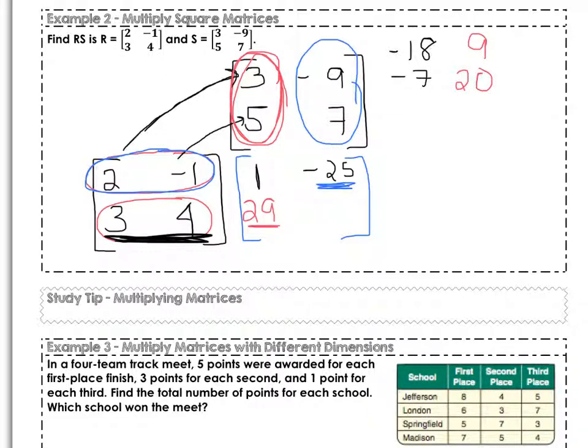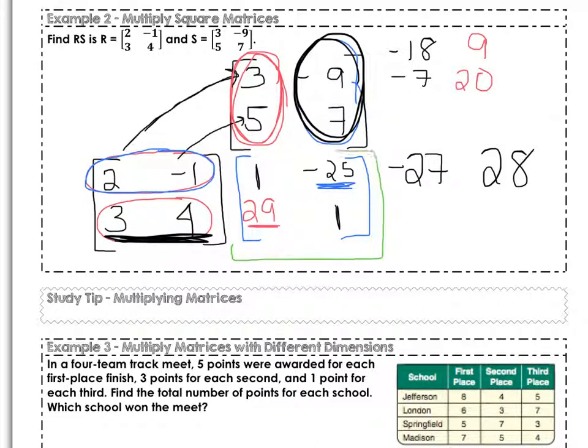Row 2 multiplied by column 2. 3 times negative 9 gets me negative 27. 4 times 7, that gets me 28. Negative 27 plus 28 gets me 1. Here is my solution. This is again just a different setup, and for me, I just felt like it was much more obvious as to which row and which column I was going to use to set up my matrix multiplication problem.